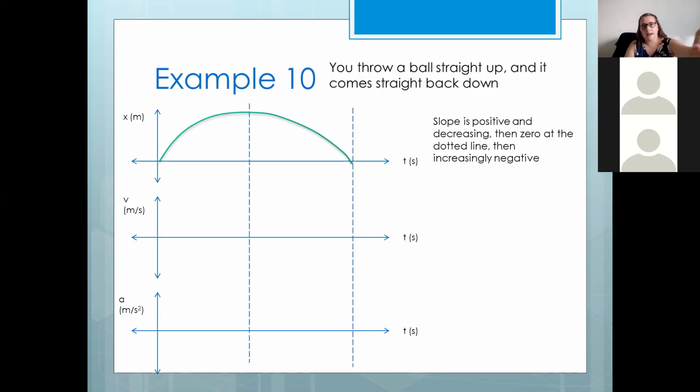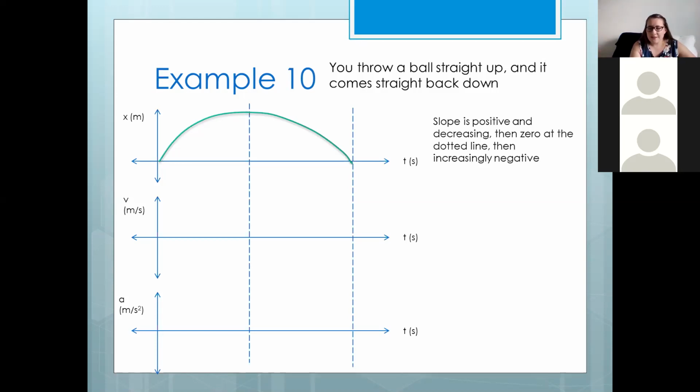If you hold up a pen on the computer screen and move your pen along the curve, it's flattening out. Right? So our slope starts positive and decreases until it reaches the top where it's 0. The slope of a horizontal line is 0. And then it gets increasingly more negative as you keep moving along your time axis.